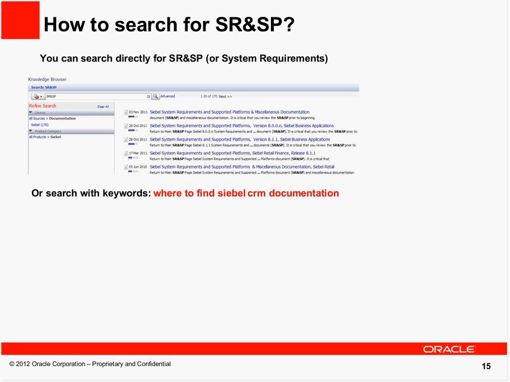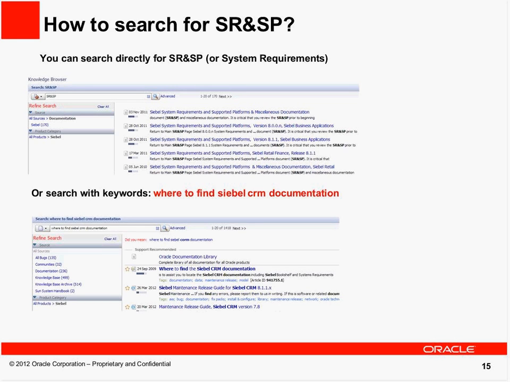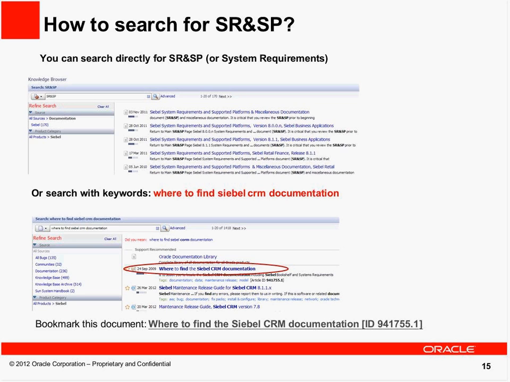To search, for example, for where to find Siebel CRM documentation, you find this document, Where to Find the Siebel CRM Documentation. In it, you will find the links to Siebel bookshelves, all different versions of the Siebel bookshelf, and system requirements and supported platforms. So you bookmark this document.